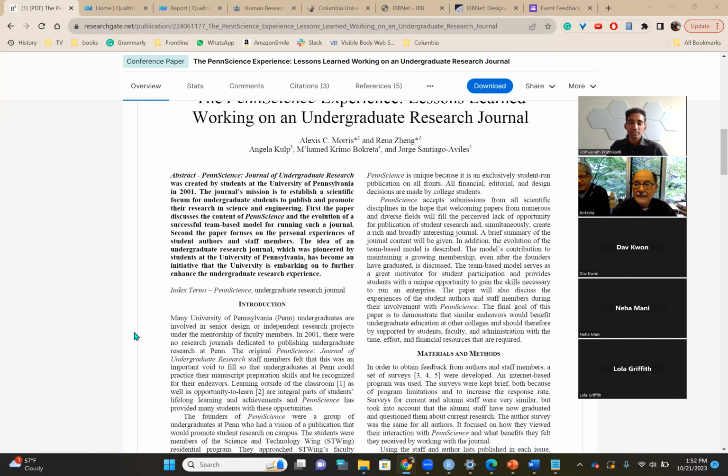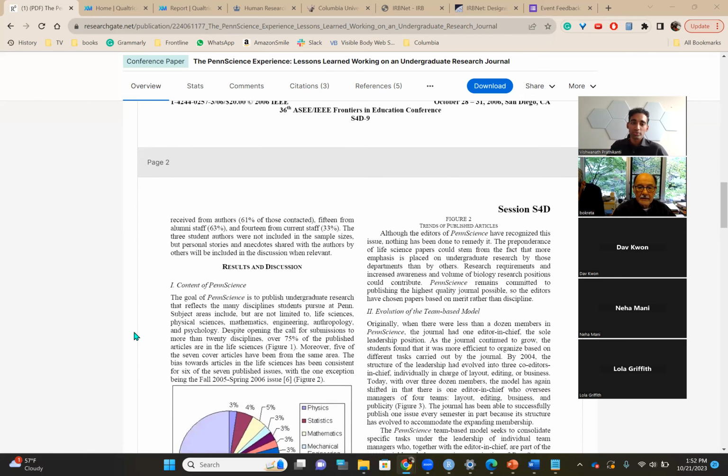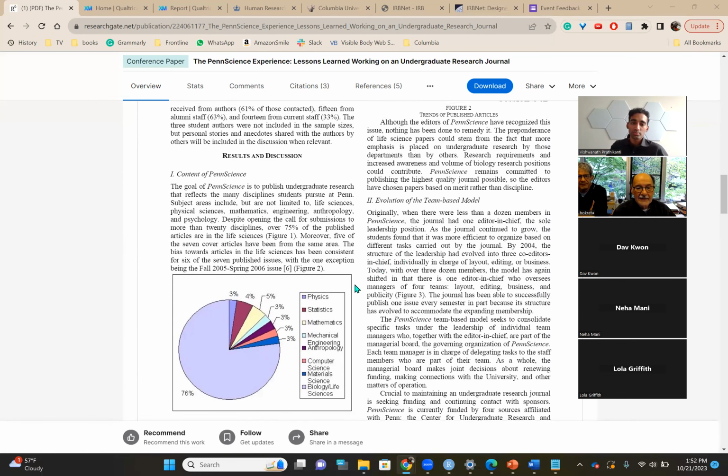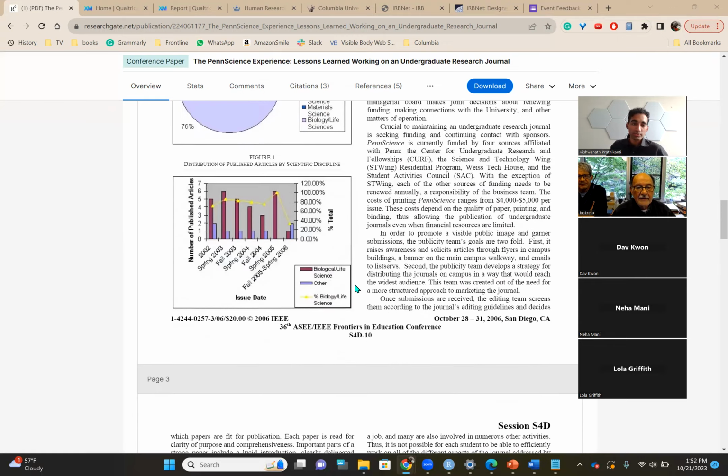I think that is the goal of every undergraduate research journal. What I think is so impactful about this paper is that it actually goes into those exact things. This figure is about who is participating in the undergraduate research journal.